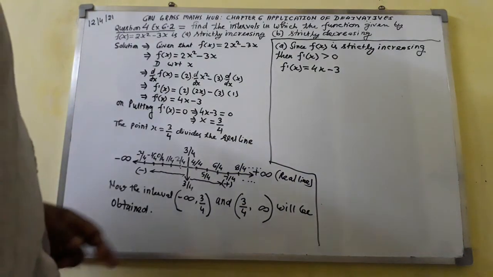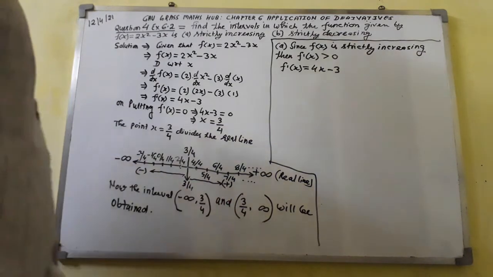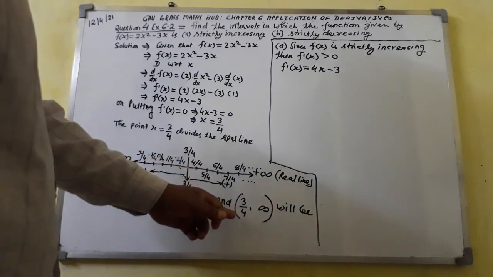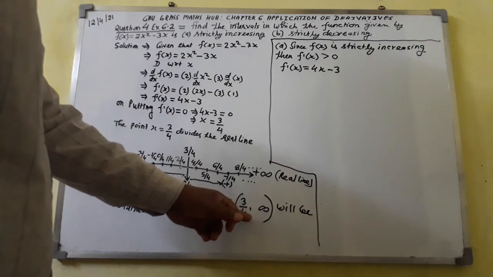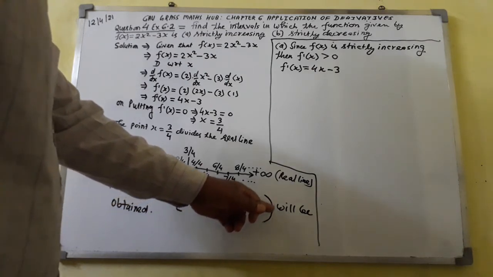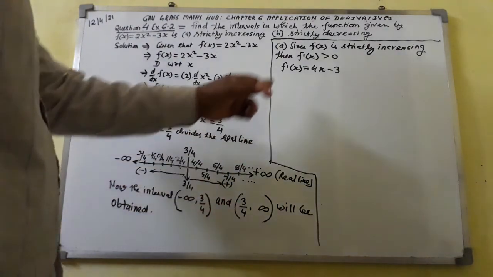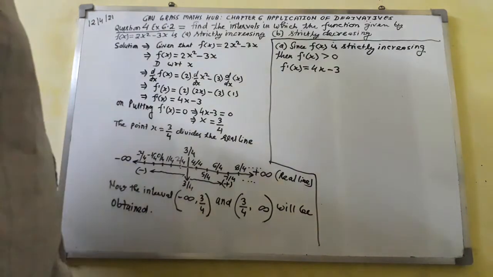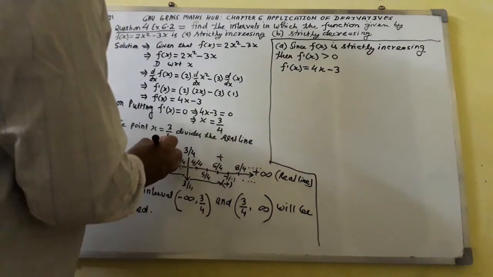In this case, I shall take this interval, because here you can see in this interval, open interval 3/4 comma infinity, f of x is strictly increasing. We have to verify. So now I shall take the interval. Here you can see the sign is plus, here the sign is minus.